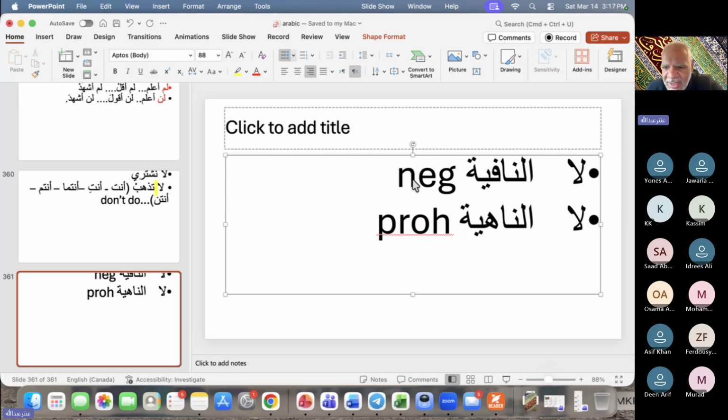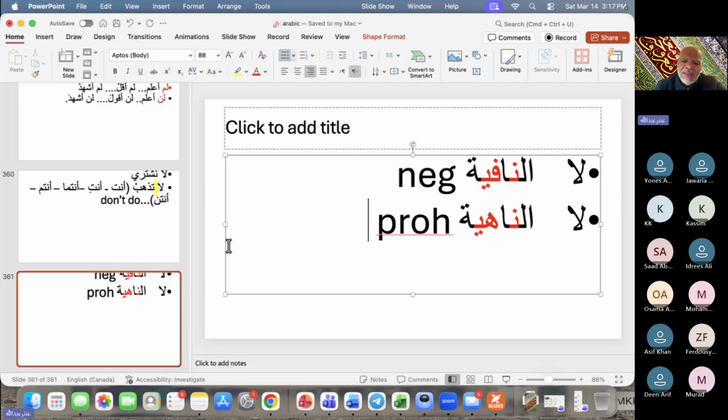The root of نافية is noon, fa and ya. Nafi means to negate. This one is noon, ha and ya. Nahi means to prohibit. الأمر والنهي. Say الأمر بالمعروف والنهي عن المنكر. أمر means commanding, enjoining.